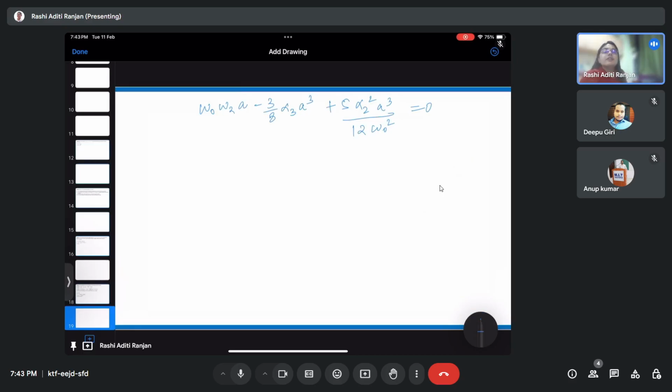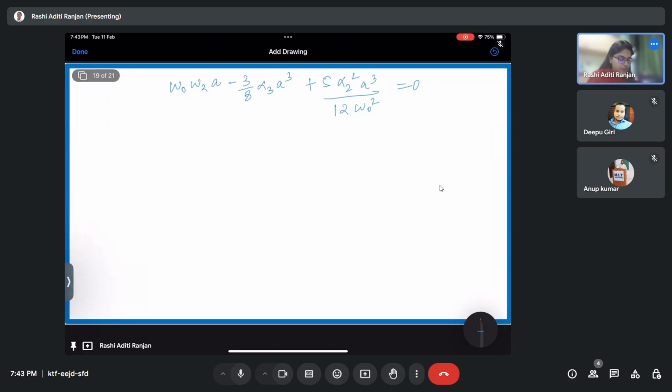Okay, so now we will try to find out the expression of omega 2 in terms of all the other parameters, right? So what will we do? We have omega naught, omega 2a.